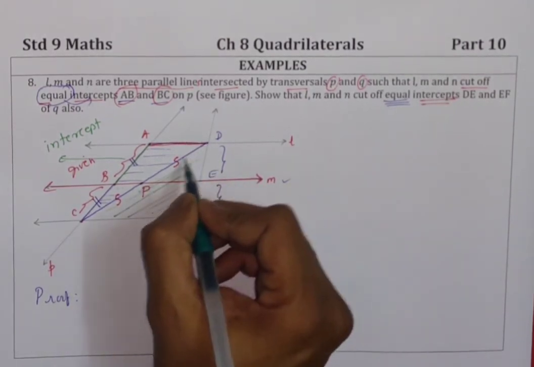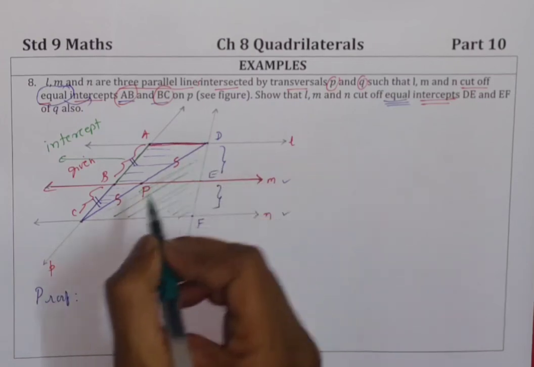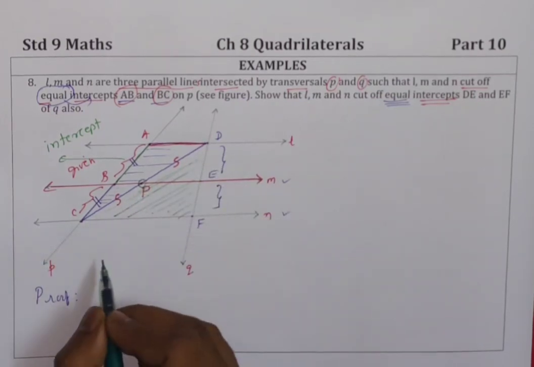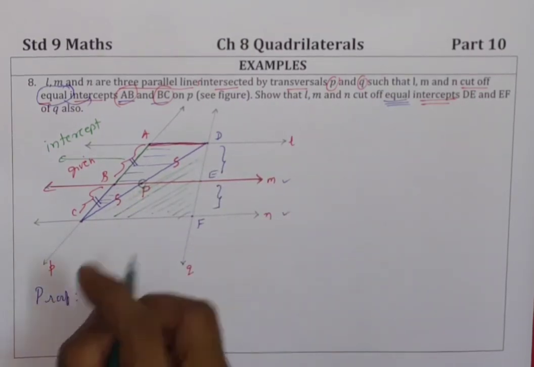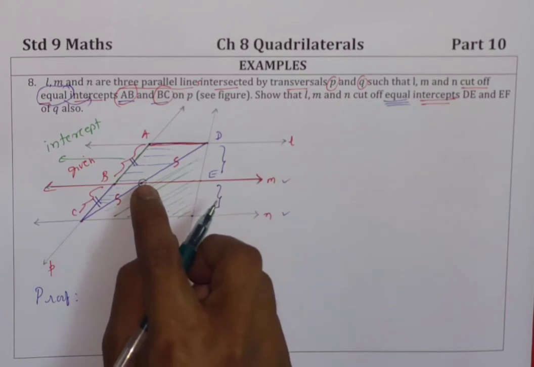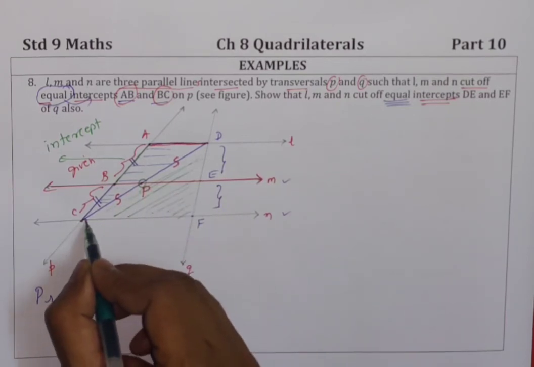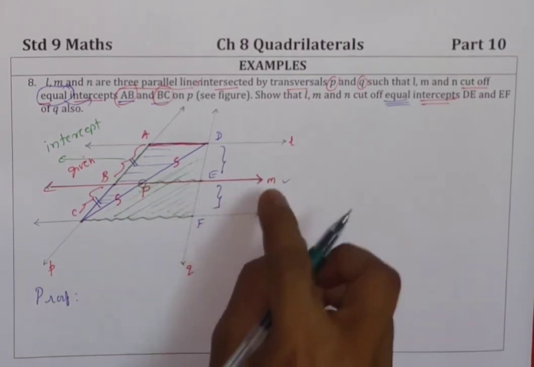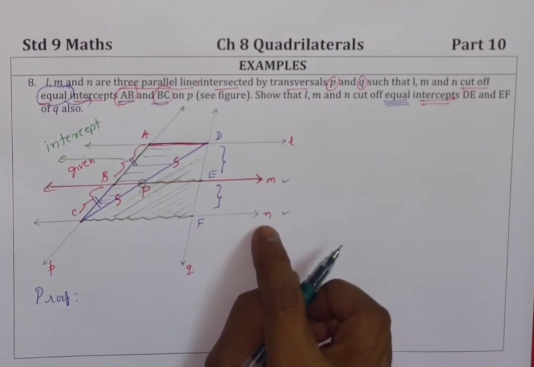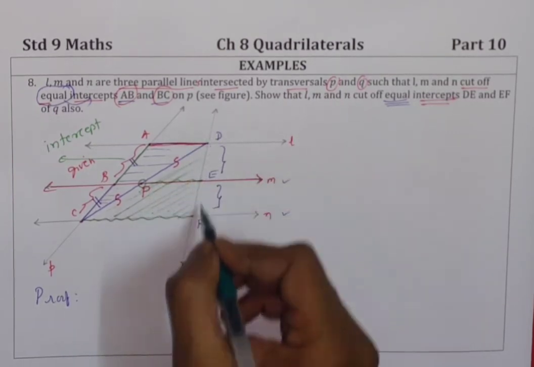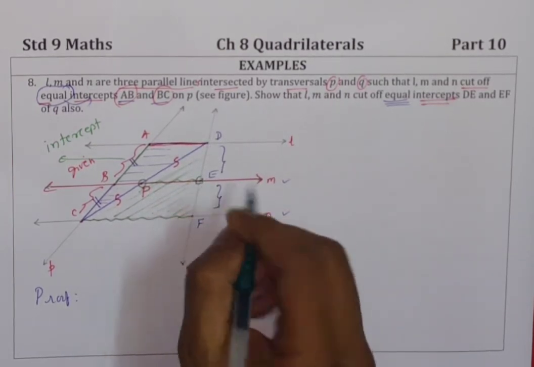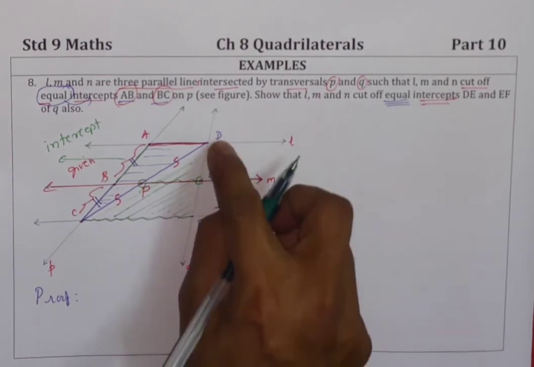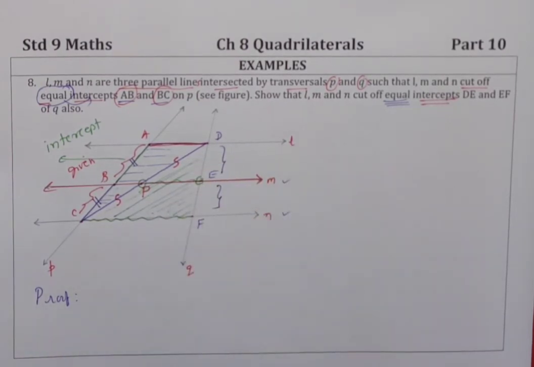And one of its sides, DC or CD, has midpoint P, we proved that. And a line M through P is parallel to this line now this time. This one is parallel to this side because M is parallel to N. So it will bisect the third side DF. That means E is midpoint of DF. Therefore DE is equal to EF.